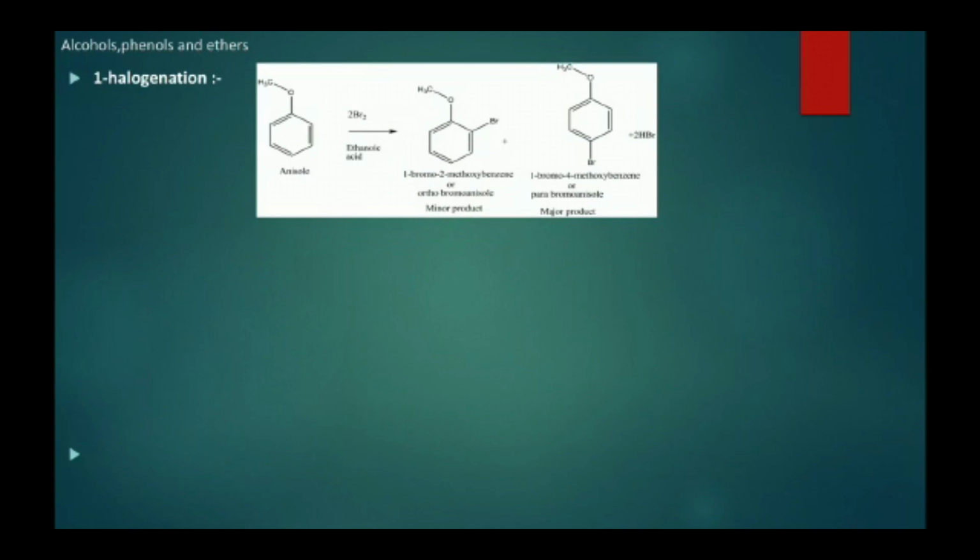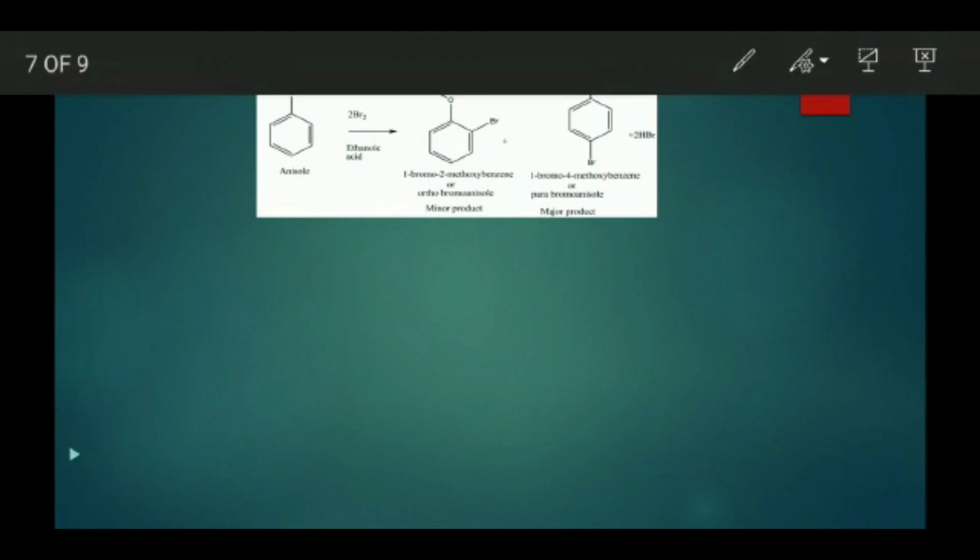So this is the halogenation. As we are observing here, this is the ortho position, so it is called ortho-bromoanisole, otherwise 1-bromo-2-methoxybenzene, and here is the para position, so it is called para-bromoanisole, otherwise 1-bromo-4-methoxybenzene. This is the major product.